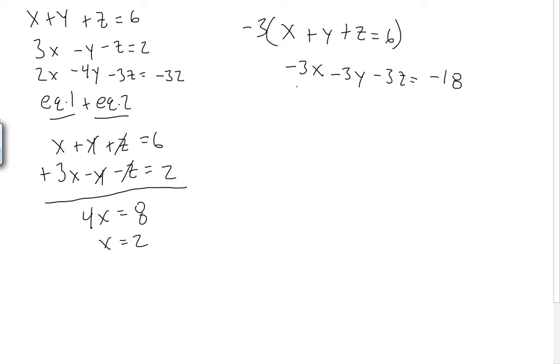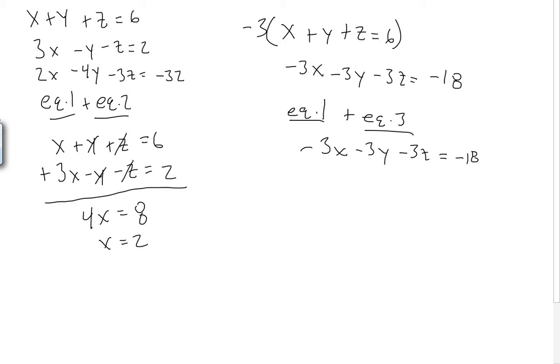Now, when I add equation 1 to equation 3, the z's will eliminate again. I have negative 3x minus 3y minus 3z equal to negative 18.